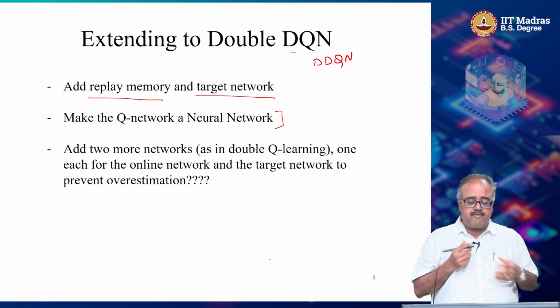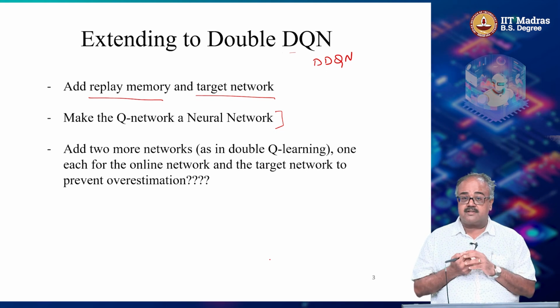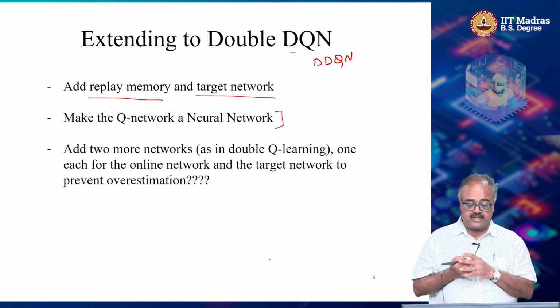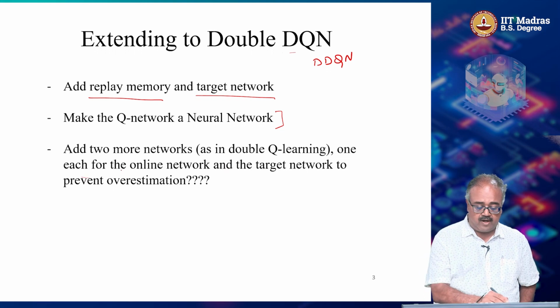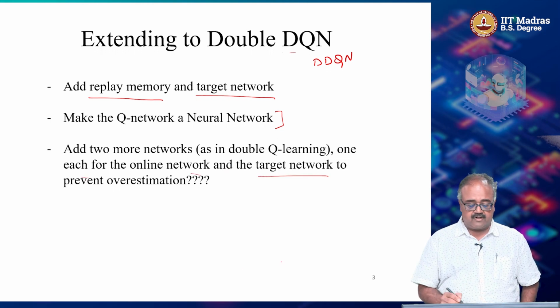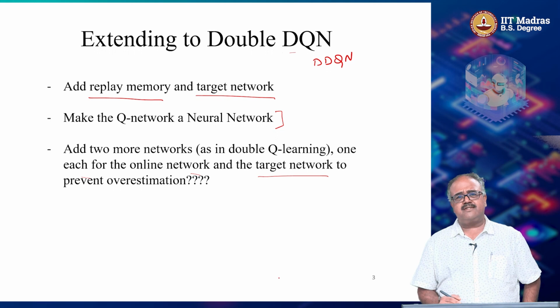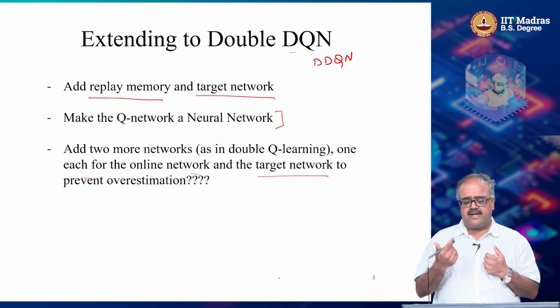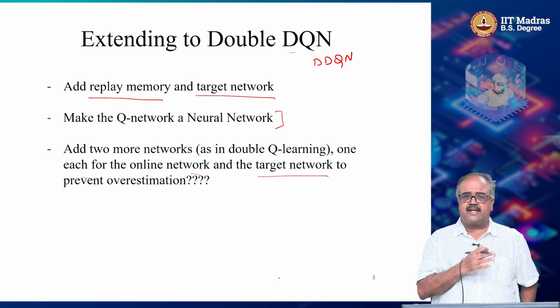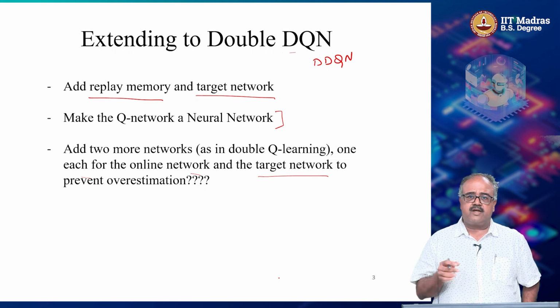Now how do we do this? Do we add two more networks just like we did in the double Q learning case, one for the online network and one for the target network, to prevent overestimation? Do we really need to do that? We already have the target network and the network that is used for learning.